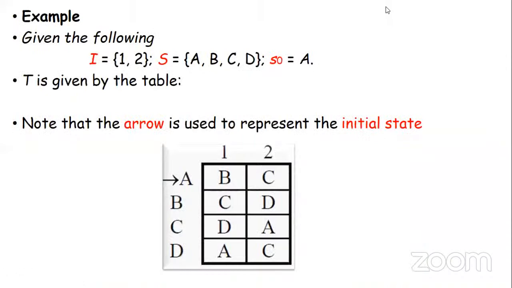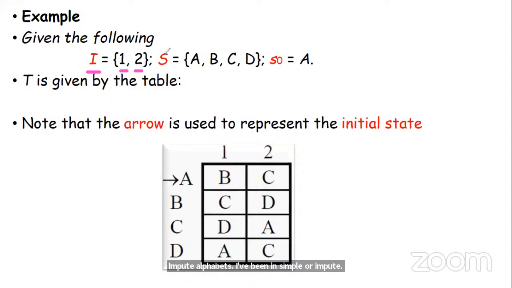By the time we move on, you'll be able to understand it. Now let's look at an example to illustrate what we have just explained so far, right? Given the following, we have defined our input alphabet to have the input symbols 1 and 2.